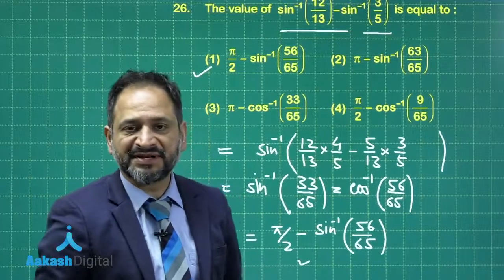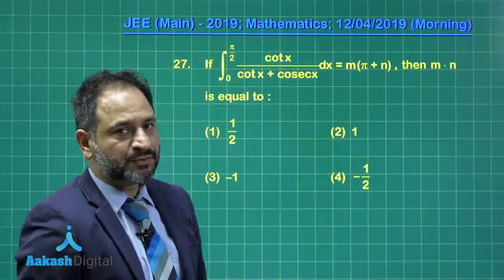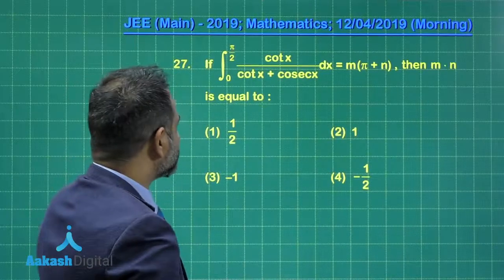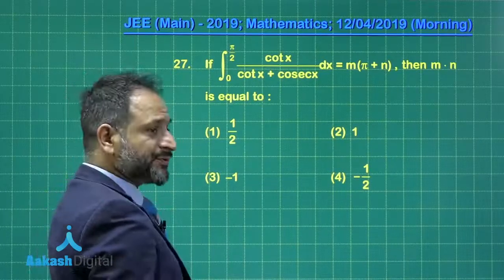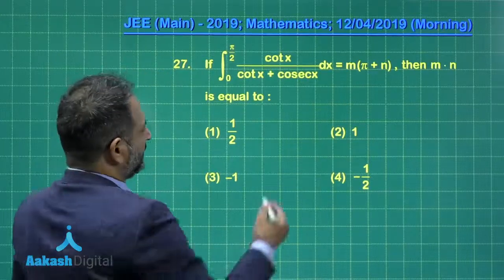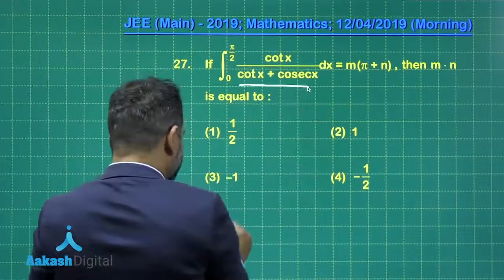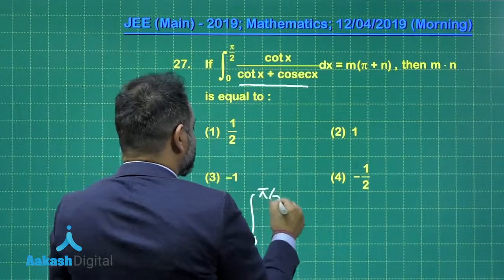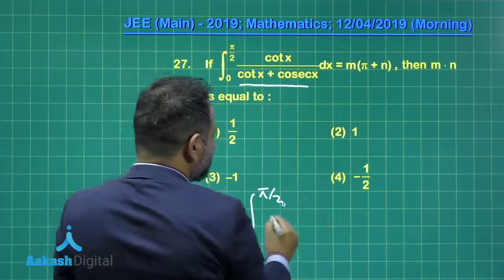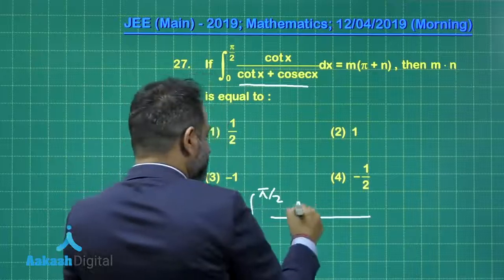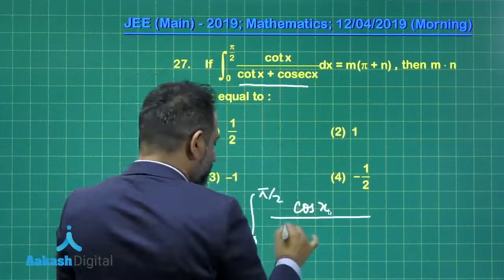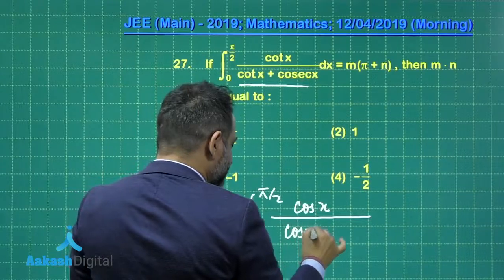Let us move to the next problem. Here is the question from the definite integral cot x upon cot x plus cosecant x, integral from 0 to pi by 2. Again, not a difficult one. If you convert this in terms of sine and cos, you can see this can be written as cos x in the numerator, and in the denominator it is cos x plus 1.